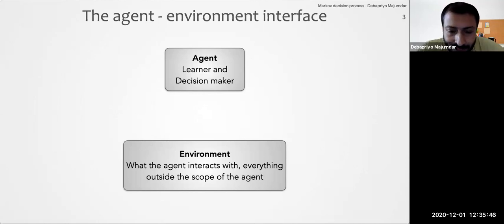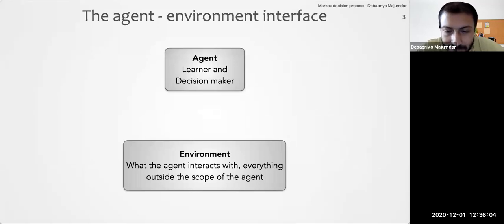Physically, if you think about a human scenario, it is possible that the environment is within your body. Your body can be part of the environment, while the decision-making part is the agent.